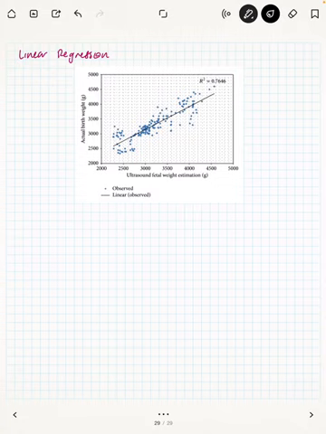Once the baby is born, they measure it using a more accurate procedure. But the idea then is we have this scatter plot, and we have a good idea that there might be a linear correlation trend here.